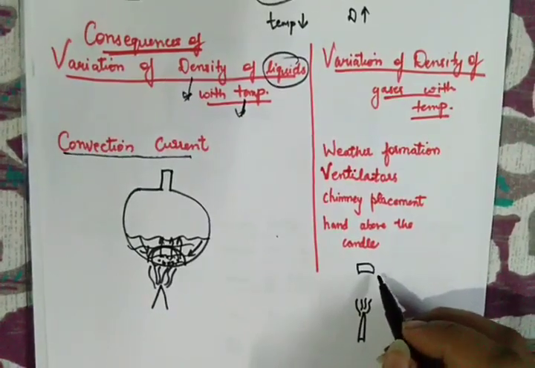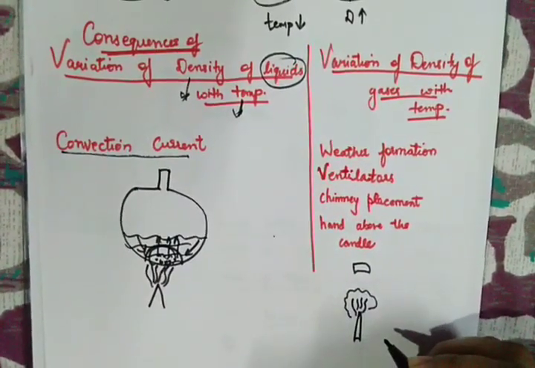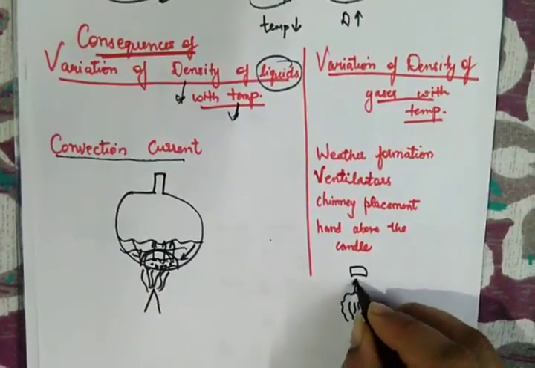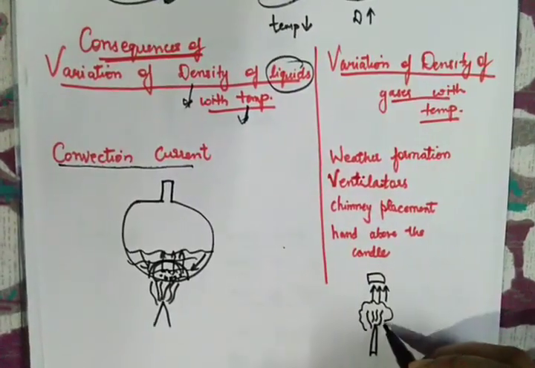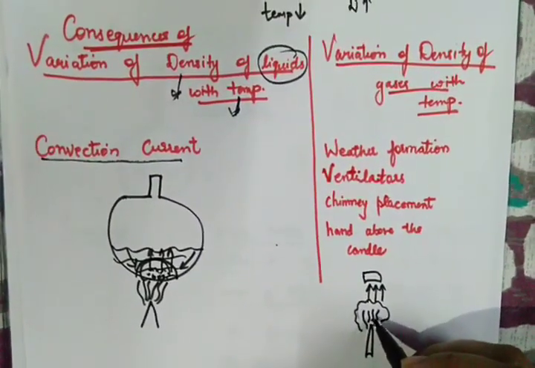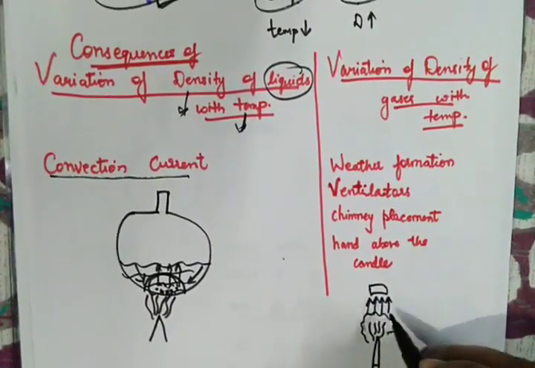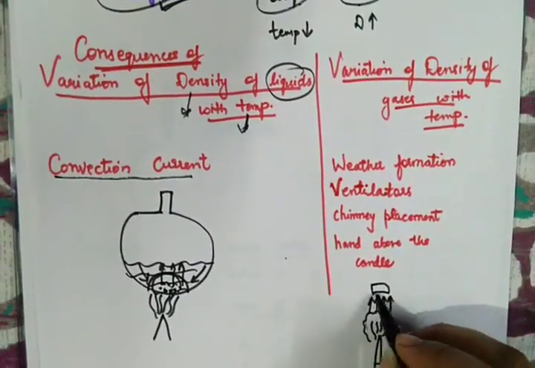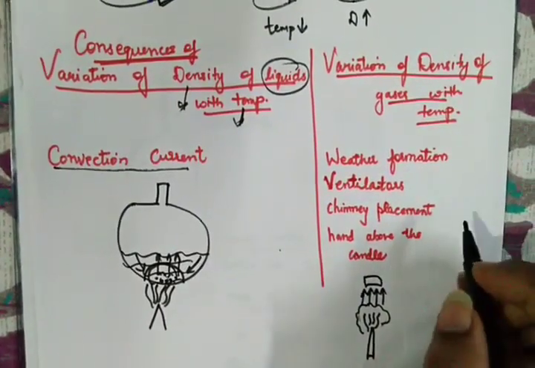And why is that? Because the air around this flame is getting heated up and it is reaching above. Because the temperature is rising because of this flame, the density is decreasing. Low density means low mass, so the gas will rise up. So your hands can feel the warm air. Similarly, warm air always rises up.